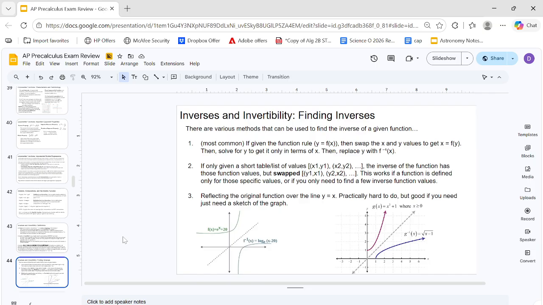Yeah, there's multiple ways to find the inverse of a function. I'm not going to go through all of them, but often you have to do that analytically. So you'll have to start with the equation and work your way there. So swap the x and y values and then solve for y and then replace y with f inverse.